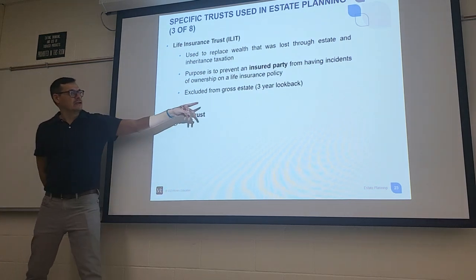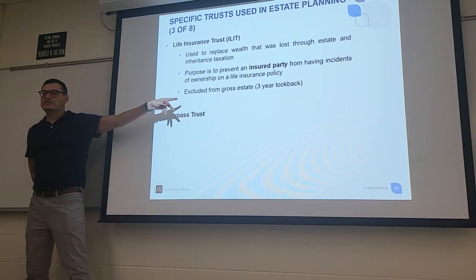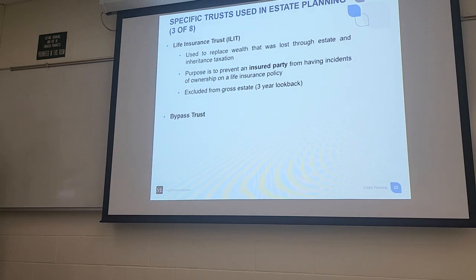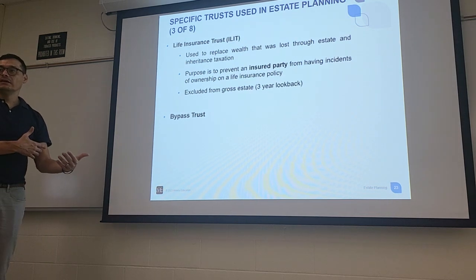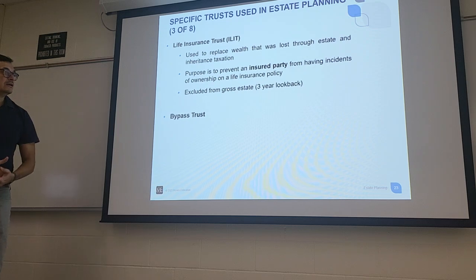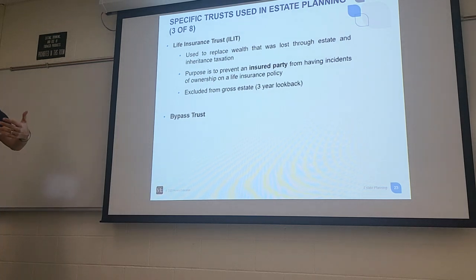There is a 3-year look-back period for life insurance, so it will be excluded from your gross estate if you live longer. But you have no incidents of ownership now. That life insurance policy, whether it's on you or somebody else, will now be subject to the terms of the trust. And it's removed from your gross estate, but it's irrevocable, that's the one thing.